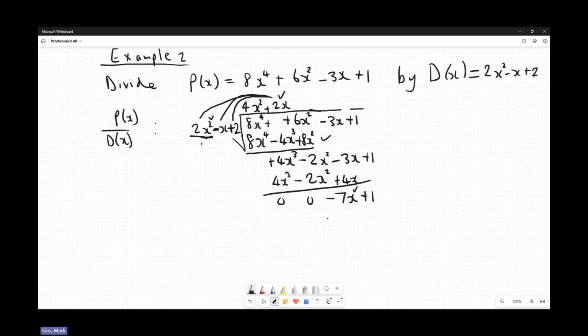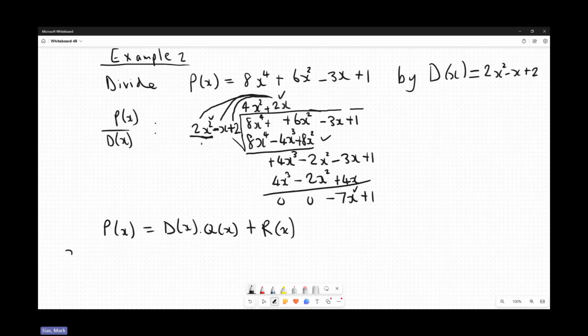Okay, so currently what I have, if I want to write it in this form, p of x equal to d of x times q of x plus r of x, which was the ultimate question. But of course, I had to perform long division first.